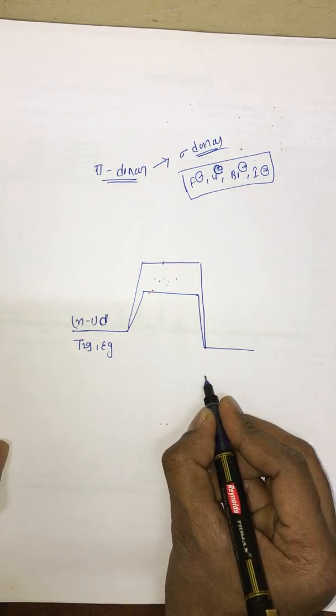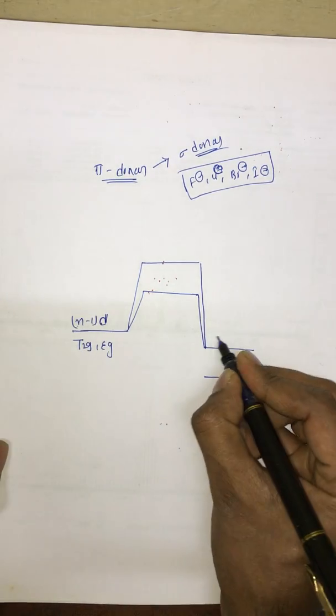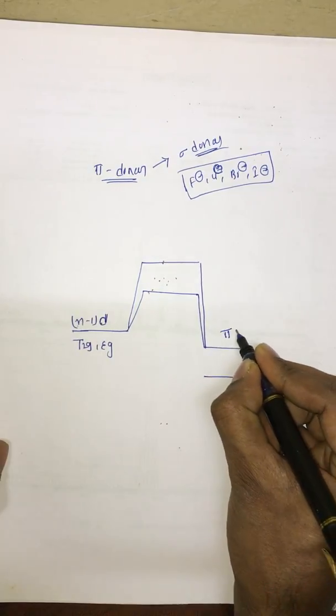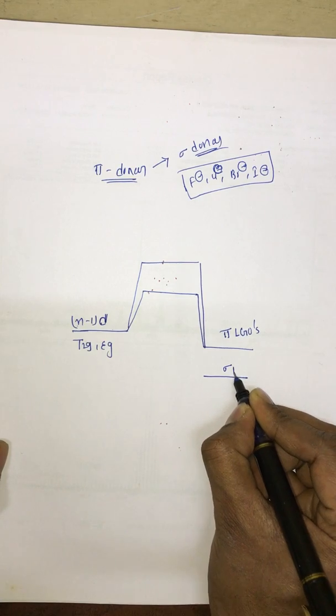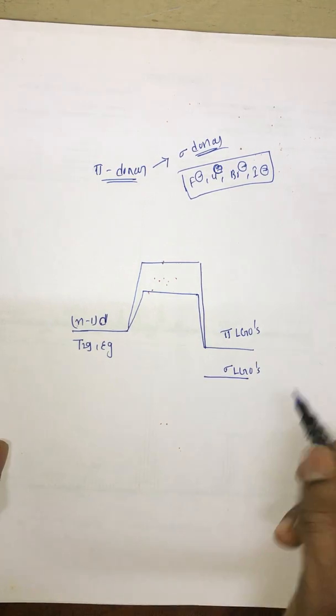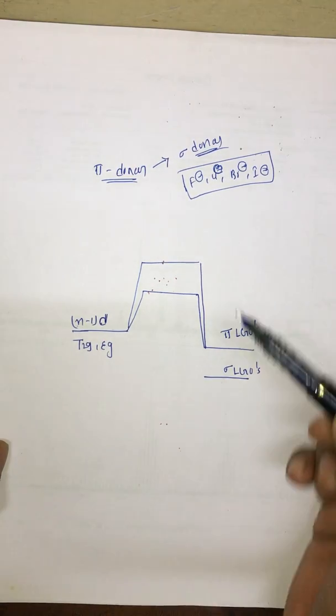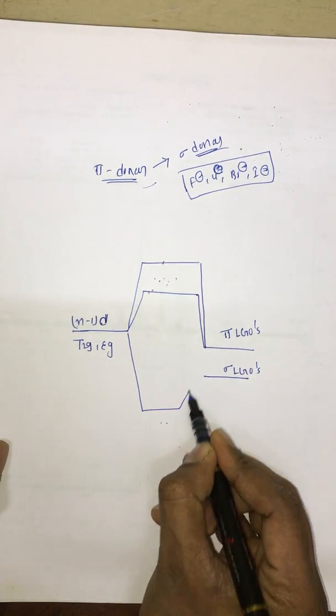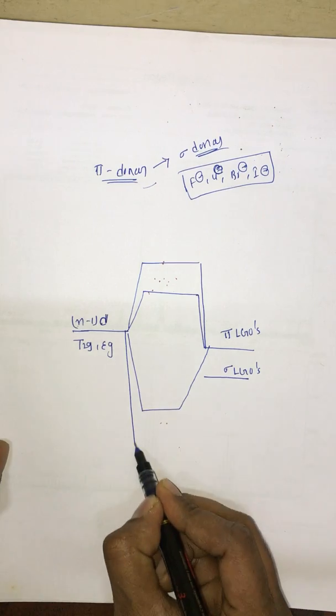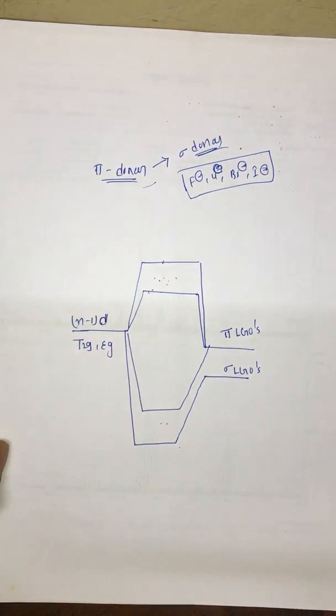And here we will be having two group orbitals. This will be the pi ligand group orbitals, and this will be the sigma ligand group orbitals, because whatever ligand we are dealing with now is acting as a pi donor as well as a sigma donor. This is for pi and this is for sigma.